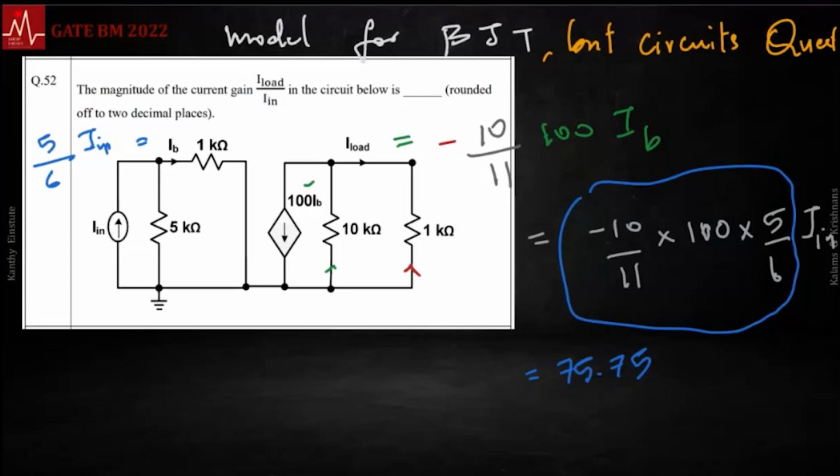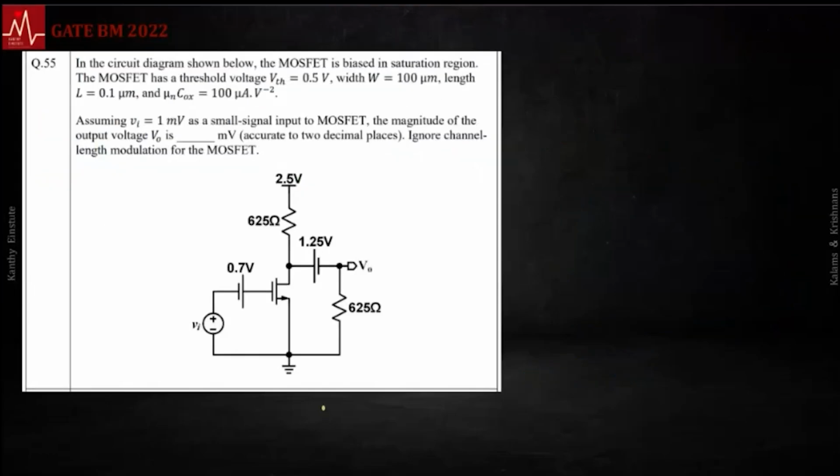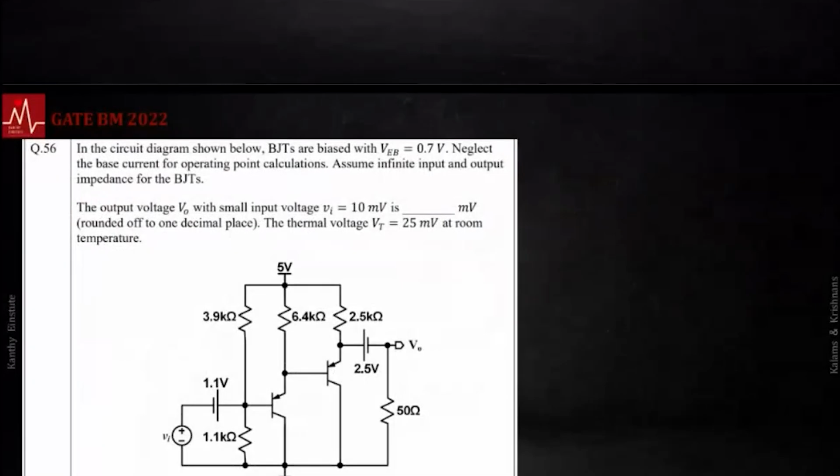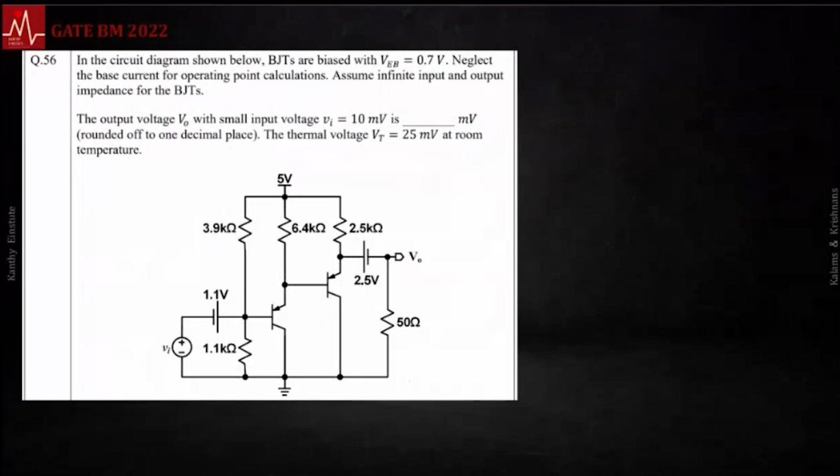But hey, should I remember this model for BJT so that I can answer a question like this? Suggestion: if there is a question from MOSFET or a BJT, skip it and save the time during preparation. You can put that time into reinforcing some other subject.